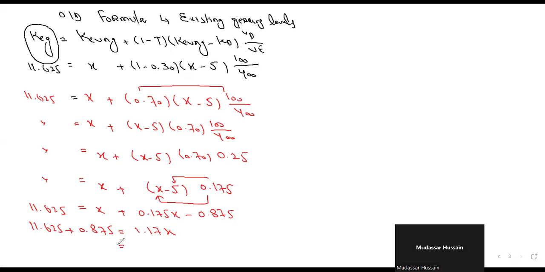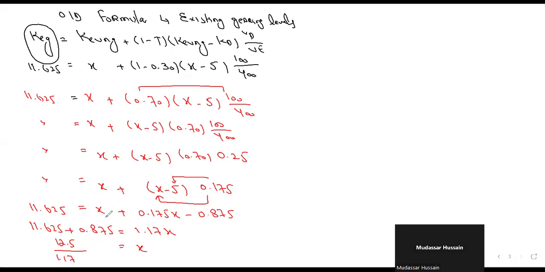So 0.875 plus 11.625 is giving you 12.5 divided by 1.175.